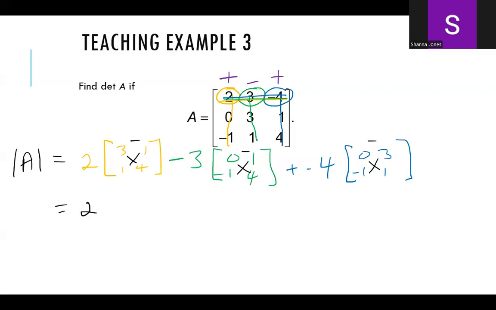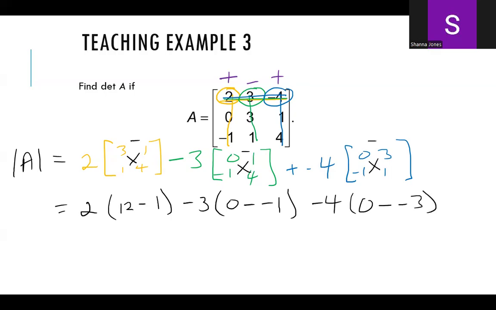So we have 2 and 3 times 4 is 12 minus 1 times 1 is 1, minus 3. 0 times 4 is 0 minus -1 times 1 is -1, minus 4. 0 times 1 is 0 minus -1 times 3, which is -3.